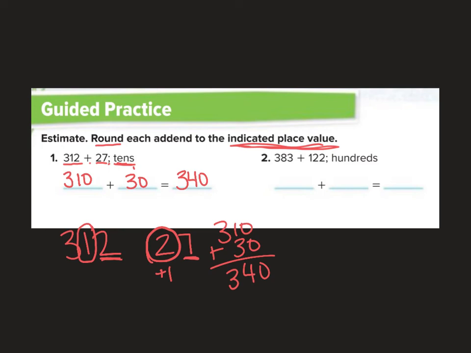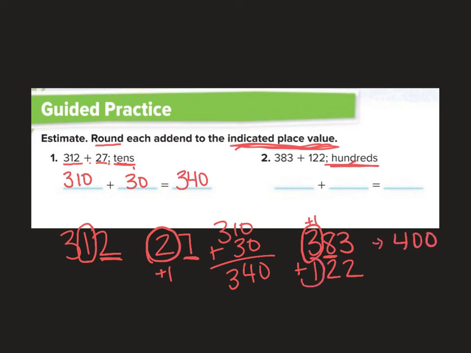There we go. Now, next one to the indicated place value. Notice it says hundreds. That's our indicated place value. I'm going to take 383 plus 122. I'm going to round it to the nearest hundred, so circle the 3, underline the tens. That 8 tells me I need to add 1, so I'm going to round it to 400.